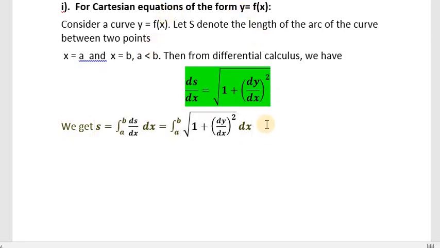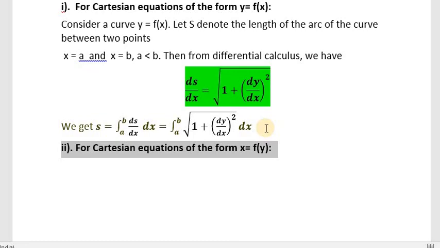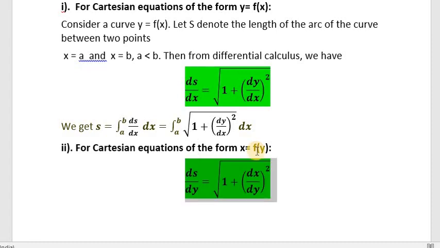Suppose the equation is given in another form, that is x is equal to f of y. For the Cartesian equations of the form x is equal to f of y, we have ds by dy is equal to square root of 1 plus dx by dy whole square.